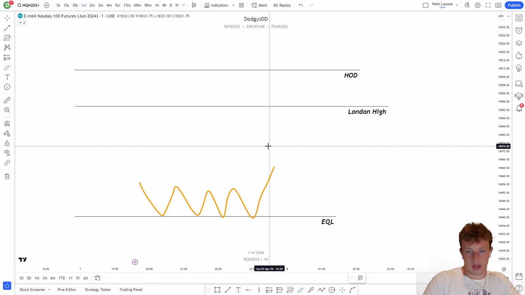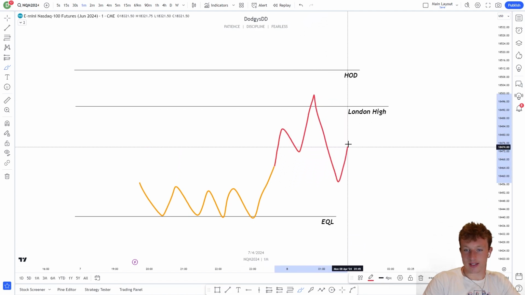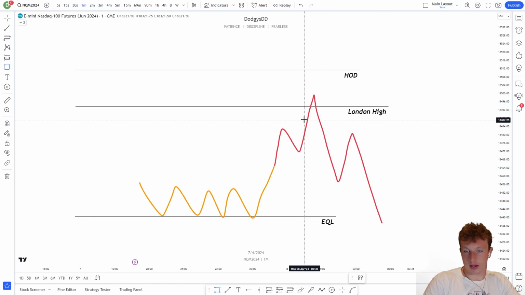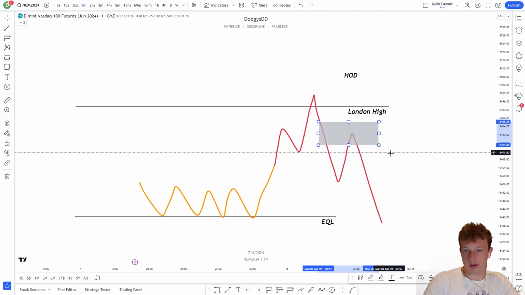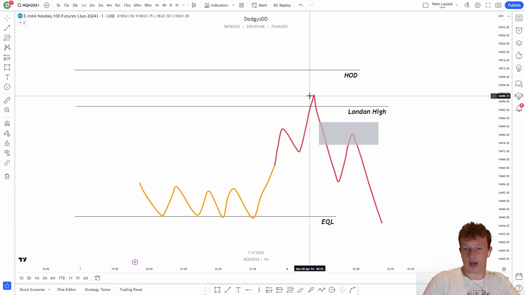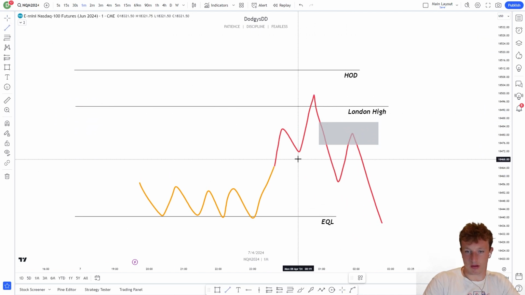So what I mean is you really want to see, if we get a market structure shift or something with a fair value gap here, and we only hit London high, that is price telling us, okay, we have a high day here that wasn't hit, but we also hit London high, and we have bearish displacement below the low.